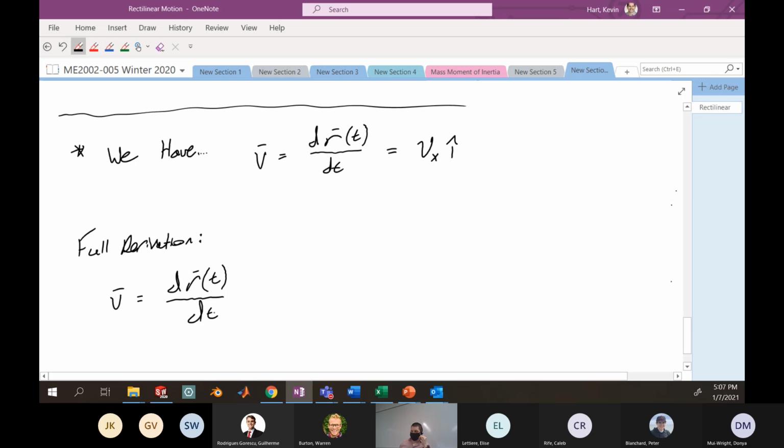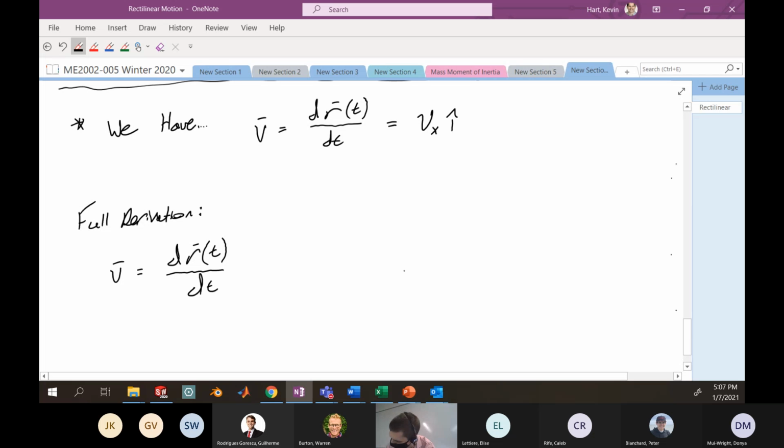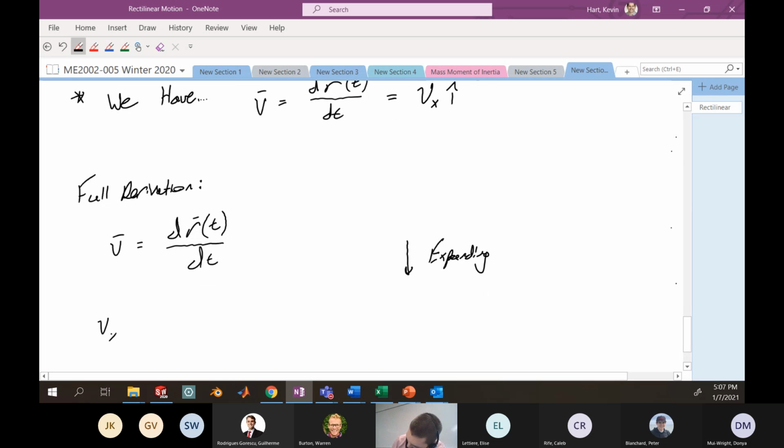What this really is is the velocity in the x direction as a function of time in the I direction, equal to, in full expansion, the derivative of this position vector, which is some x position as a function of time in the I hat. This was our position vector in one dimension.